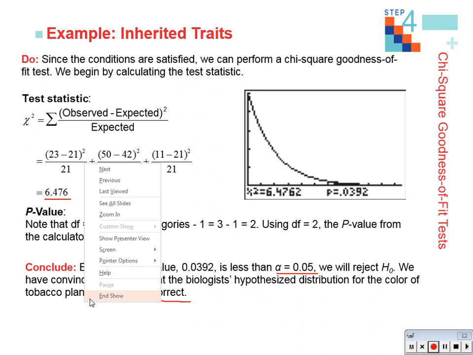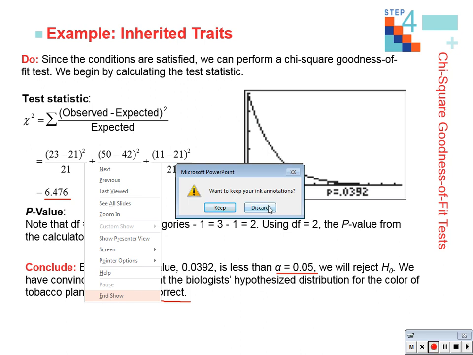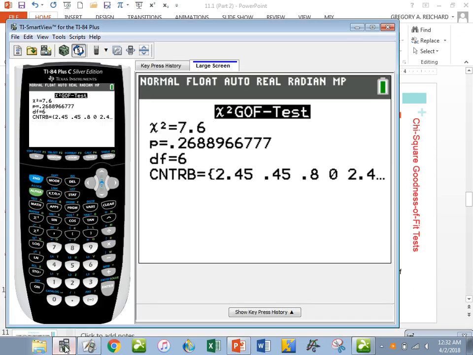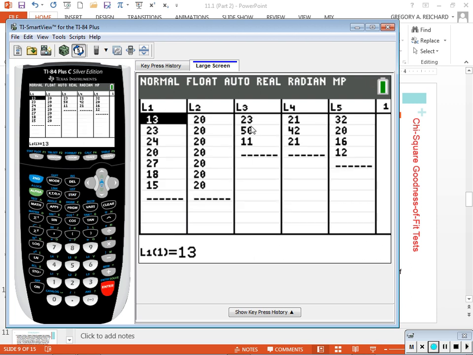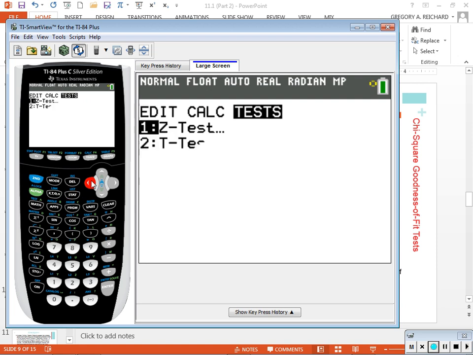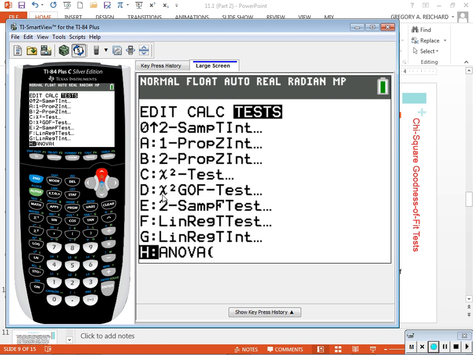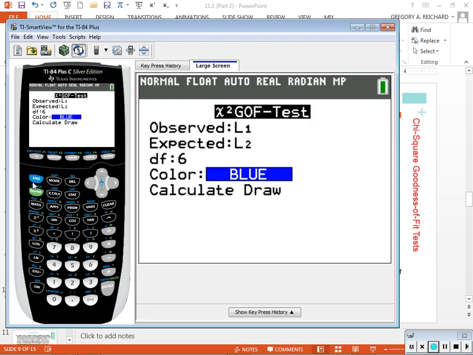So once again, if we're talking about the calculator for this kind of question, I put all these data values in L3 and L4 when I did this. In L3, I have the observed counts, and in L4, I have the expected counts. So I'm going to go to Stat, go to Tests, and go to letter D for the chi-square goodness of fit test, and then I want to change my observed counts to L3 and put my expected counts in L4.